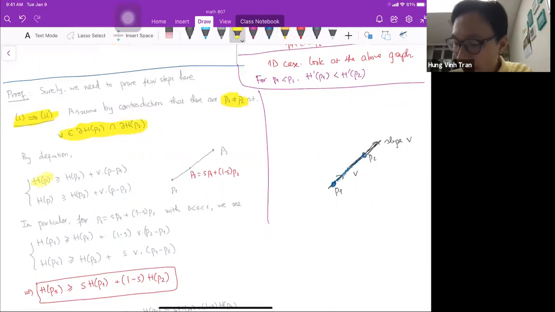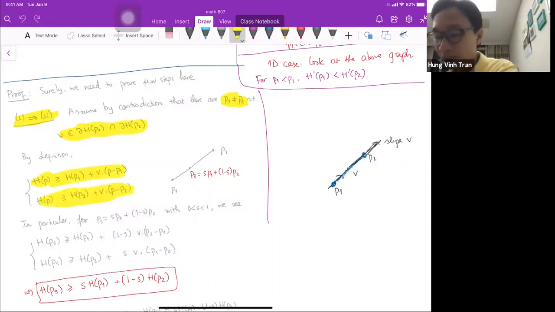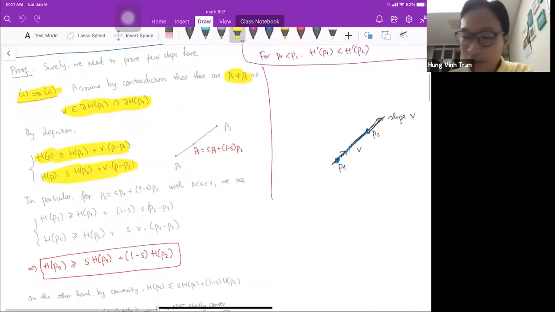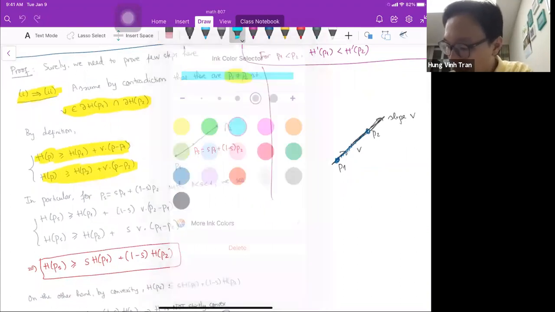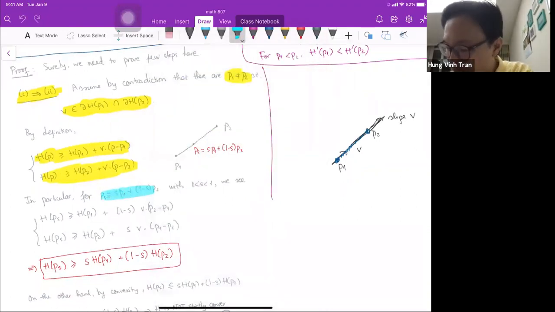For any point P, by convexity, this holds at P1, because V is in the supporting hyperplane, and this is the right-hand side, an affine function that is a supporting hyperplane. And in particular, for these relations, you just choose P as the test point to be exactly the point in the middle here, right?